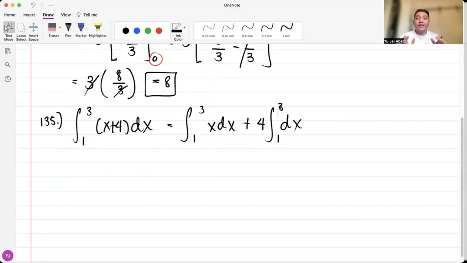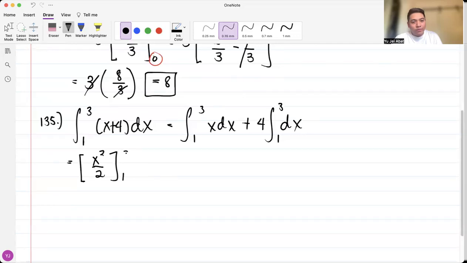We applied the sum and difference formula for this given integral because that's a property of integrals. So evaluate. The first one is the power rule. So we have x squared all over 2 evaluated from 1 to 3, plus 4 times the integral of dx, which is simply x, evaluated from 1 to 3.